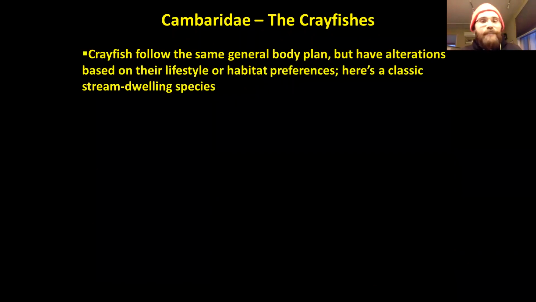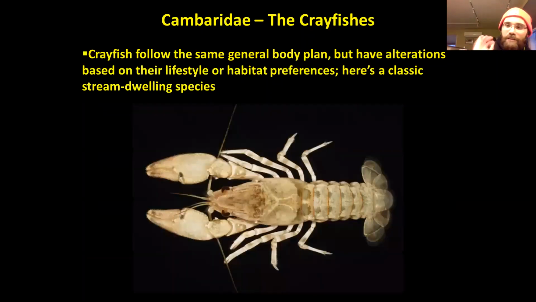Now, crayfish follow the same general body plan, but they have alterations based on their lifestyle or habitat preferences. So here's a classic stream-dwelling species of crayfish. We're going to look at 4 particular things on the crayfish to get an idea of what adaptations are happening.